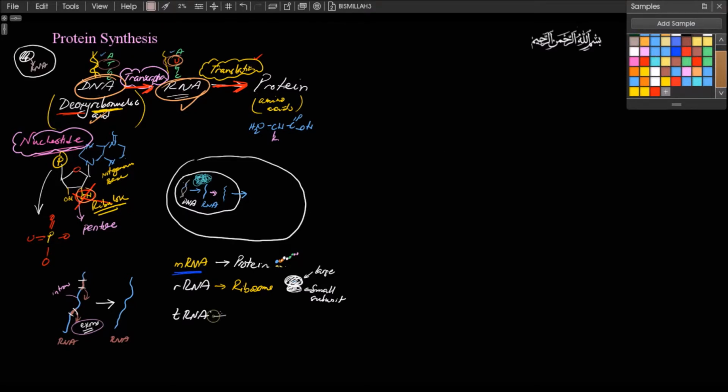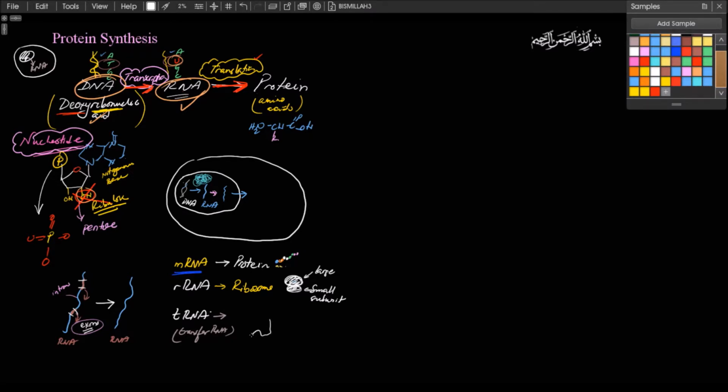The third type of RNA is called transfer RNA. Now, this is a very important concept to understand. Let me just elaborate on this here. Transfer RNA is funky looking RNA. It's a single-stranded nucleotide material, but it looks like this.